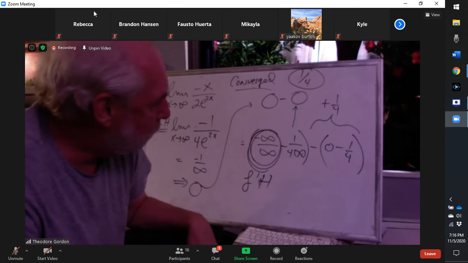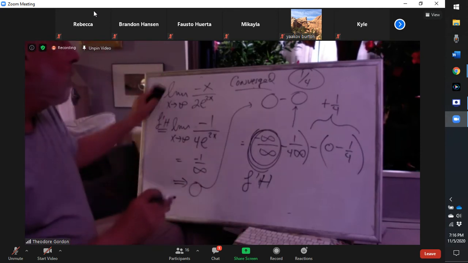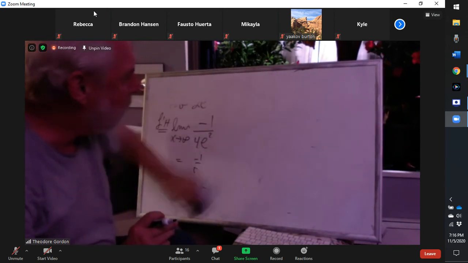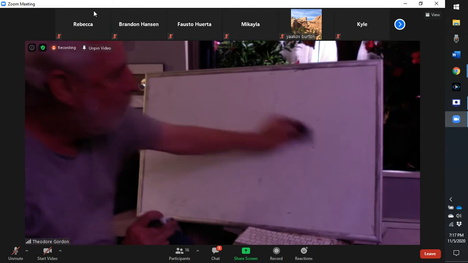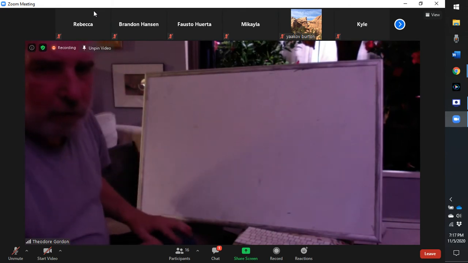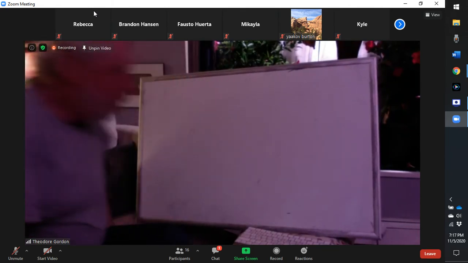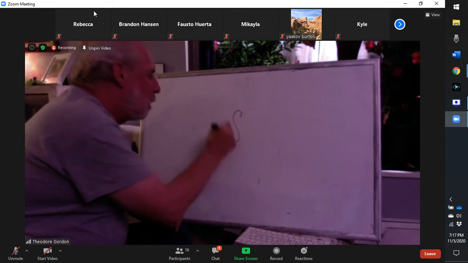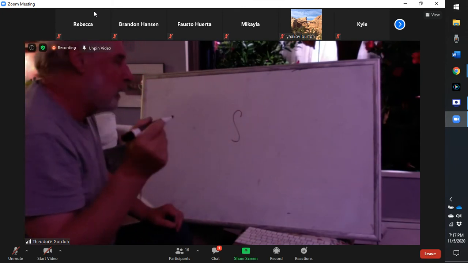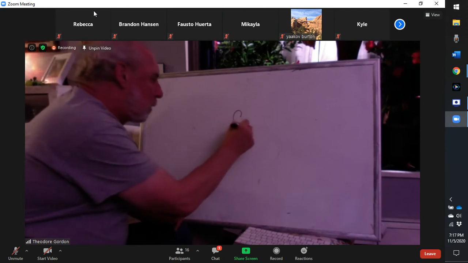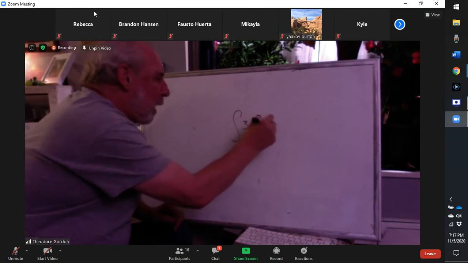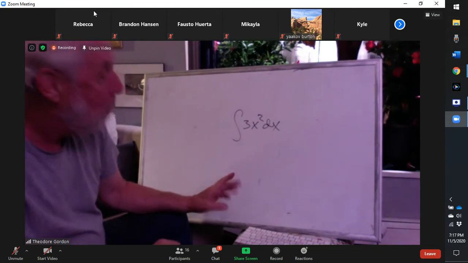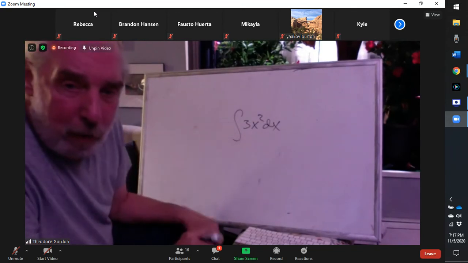So let me just leave you off with one thing. There'll be a couple of homework problems on the review sheet that I'm going to send out, and something called a differential equation. So I know some of you are headed there. So every time you do an integral, if you do an integral like 3x squared dx, you should be able to do that one in your head, by the way, that's a differential equation.